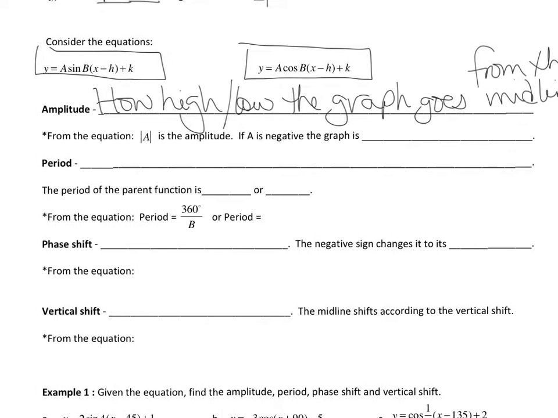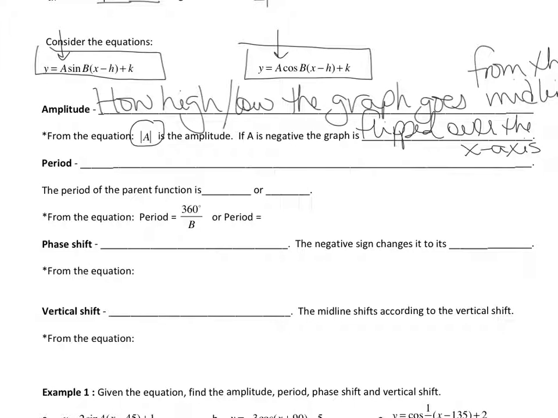So in the parent functions, the midline was the x-axis. So A tells us that. So in our equation, whatever this value of A is, right here, affects the amplitude. It's actually the absolute value of whatever A is considered our amplitude. If A is a negative number, that means the graph is flipped or reflected over the x-axis, and we'll talk about that a little later, okay?